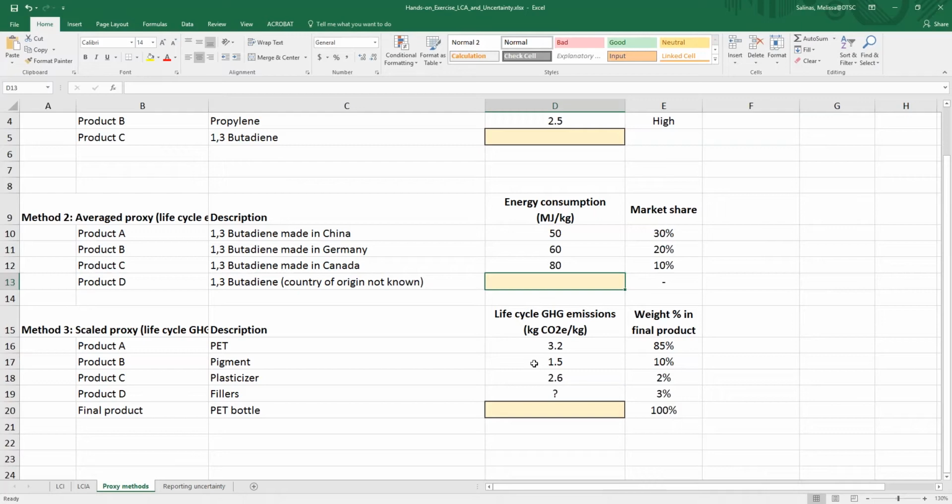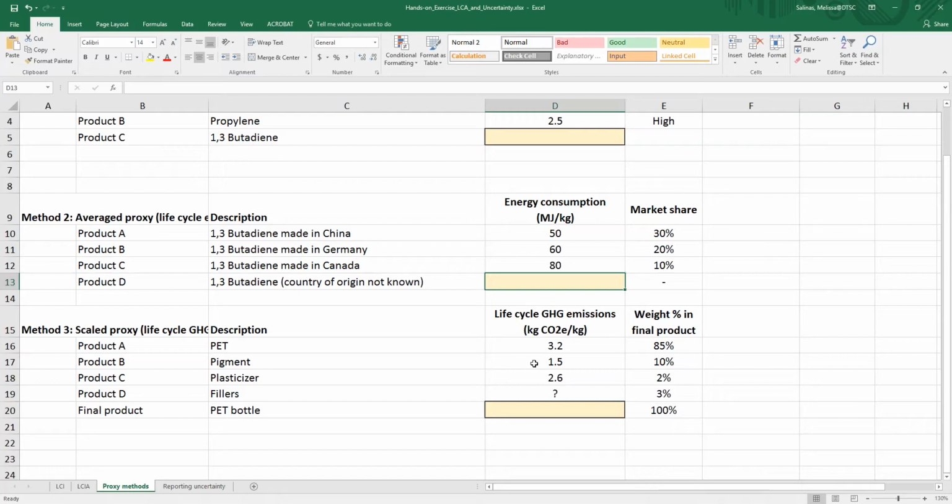Method 3, scaled proxy. So basically, my product is produced using these ingredients: PET, pigments, plasticizer, fillers. And our objective here is to calculate the lifecycle greenhouse gas emissions of the PET bottle.